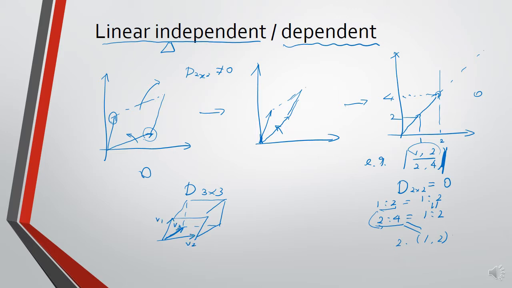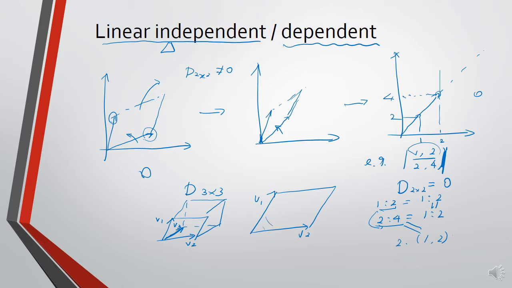I will enlarge it here. This is v1 and this is v2. Apparently, they're linearly independent, so they can form a plane with a certain area.